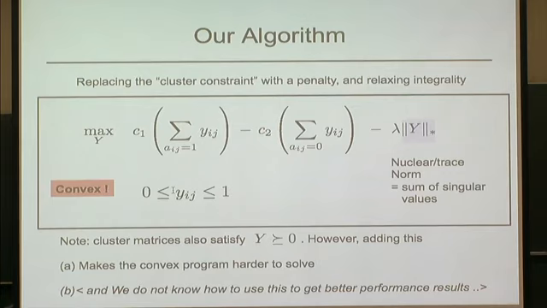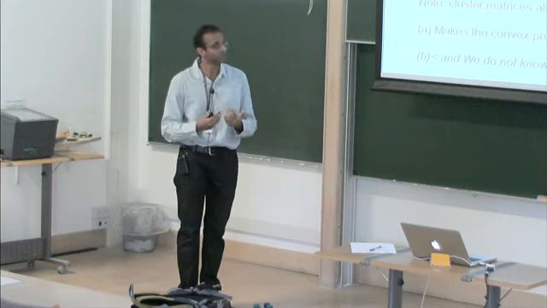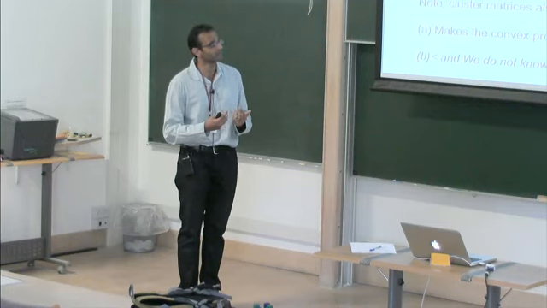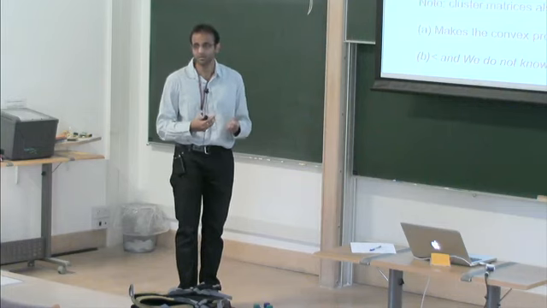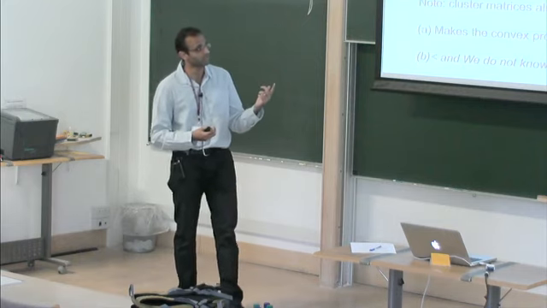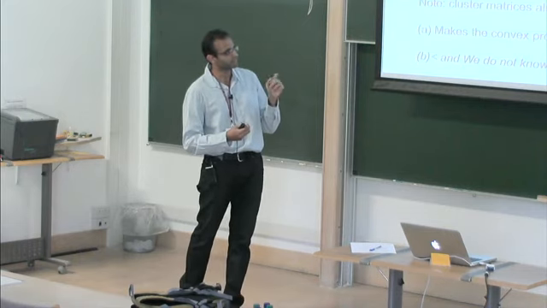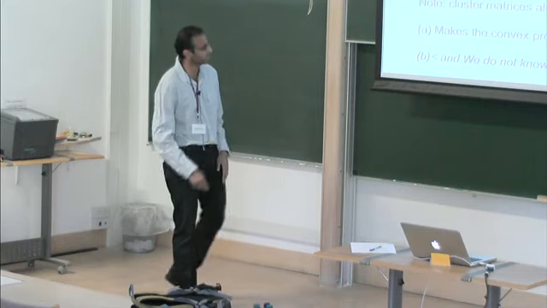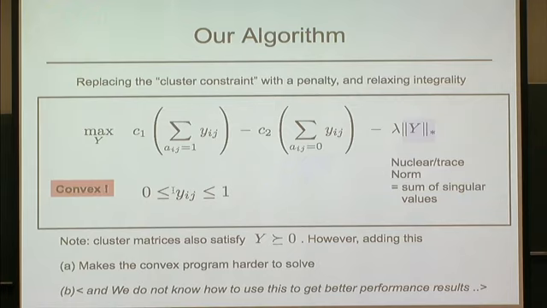The nuclear norm or trace norm is intuitively something that penalizes higher rank matrices. So if you have two matrices of the same Frobenius norm, but one has a lower rank, then it will have a lower trace norm. So this is our algorithm.